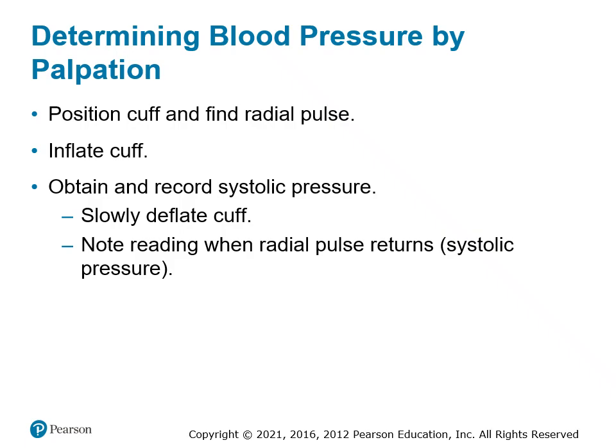You find the radial pulse, and you're going to feel that pulse as you inflate the cuff. When you quit feeling that pulse, slowly deflate the cuff and then note when the radial pulse returns. You will only get a systolic blood pressure for a palpated blood pressure.